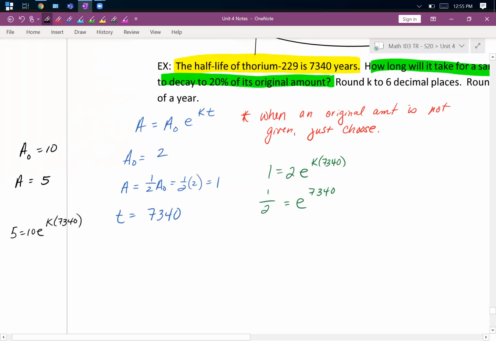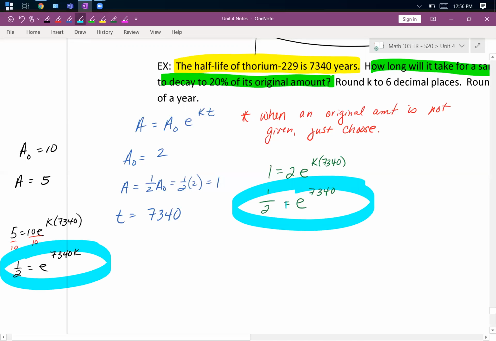And since we're solving an exponential equation, the first thing we're going to do is isolate that exponential by dividing both sides by 10. And when we do that, we get 1/2. So you see, we end up right at the exact same equation. So you can choose whatever you want for your a sub 0. You just have to make sure that you cut it in half for your A when you're doing these half-life problems.